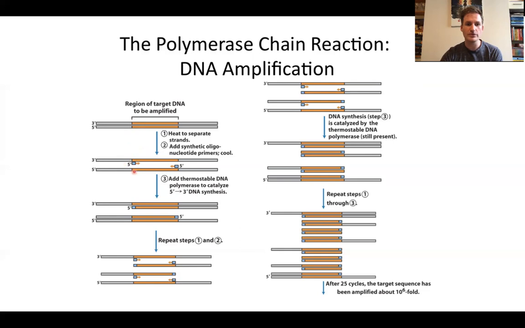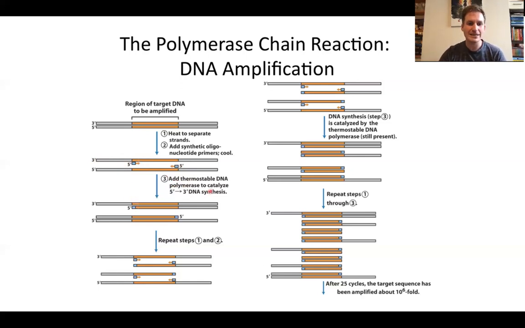And we include two of those. One to attach to, or anneal to, the 3' strand of the DNA, or one of the helical strands. And then we have another one that's complementary to the flanking area of the other strand of DNA. And the reason we have two of those will become obvious later.